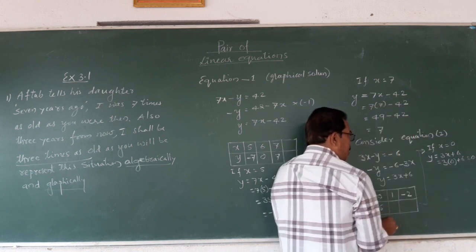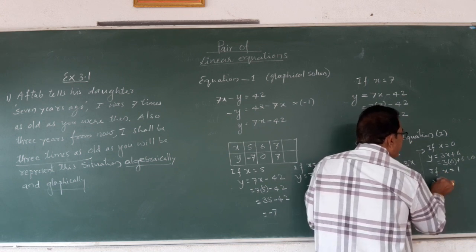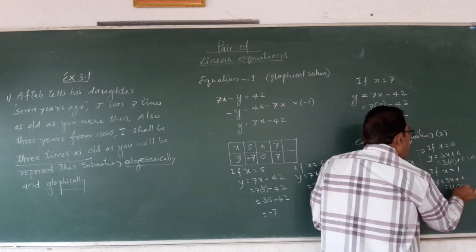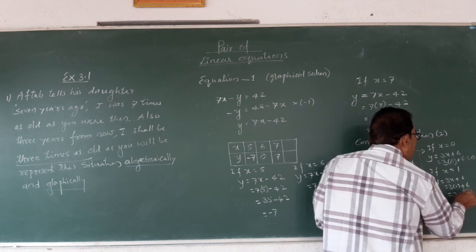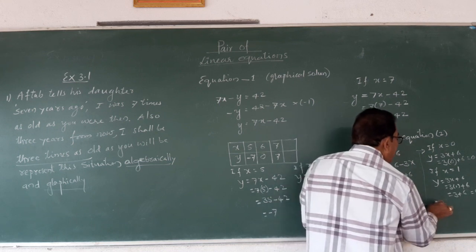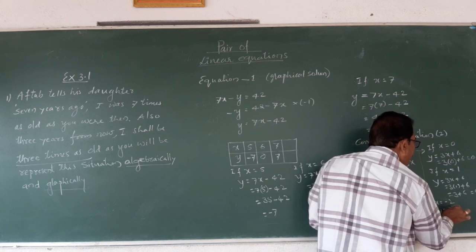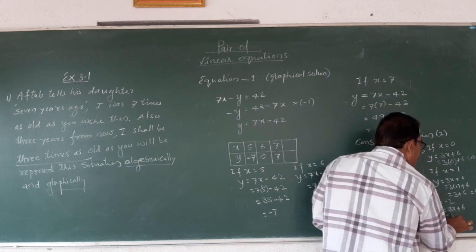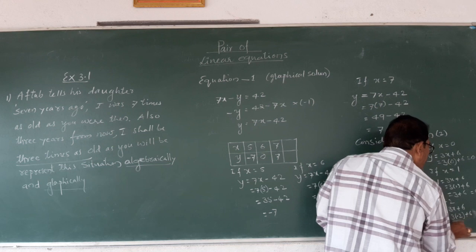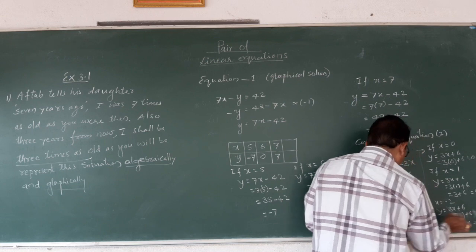So when x equals 0, y equals 6. Then if x equals 1, then y equals 3x plus 6, 3 into 1 plus 6, 3 plus 6, 9. Okay, x equals minus 2, y equals 3x plus 6, 3 into minus 2 plus 6, that equals minus 6 plus 6, so that equals 0.